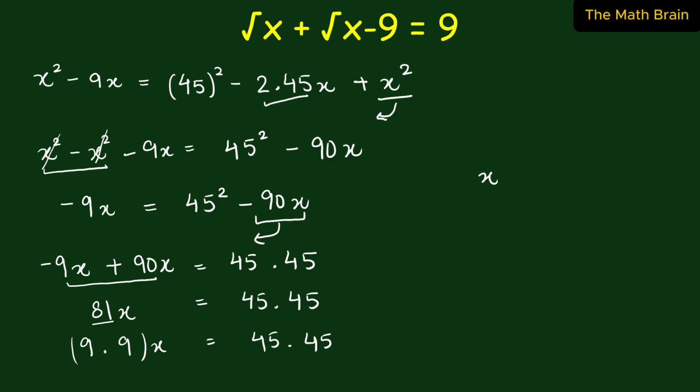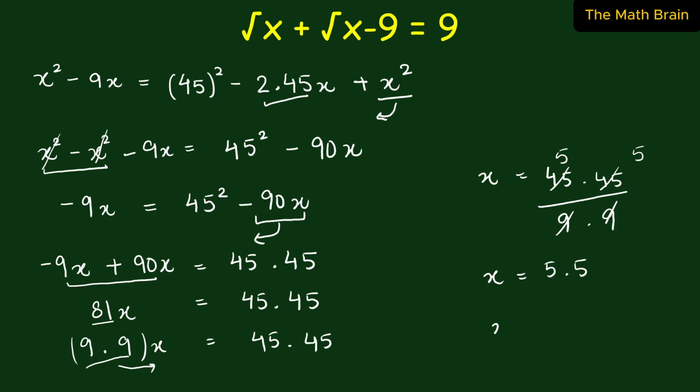So x will be, take both of these to the right hand side and we will get 45 into 45 upon 9 into 9. 9 5s are 45. Same here. So we are left with x is equals to 5 into 5. So x is equals to 25.